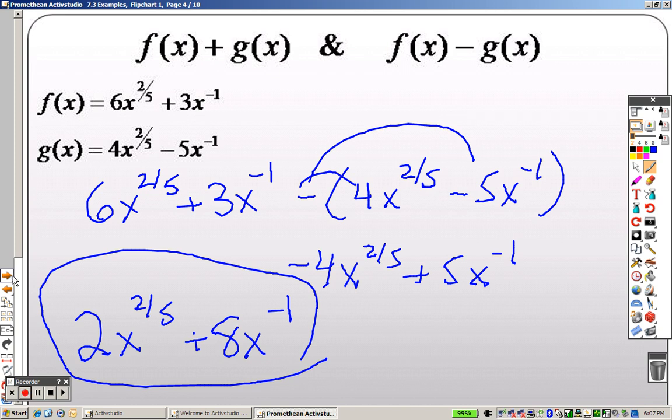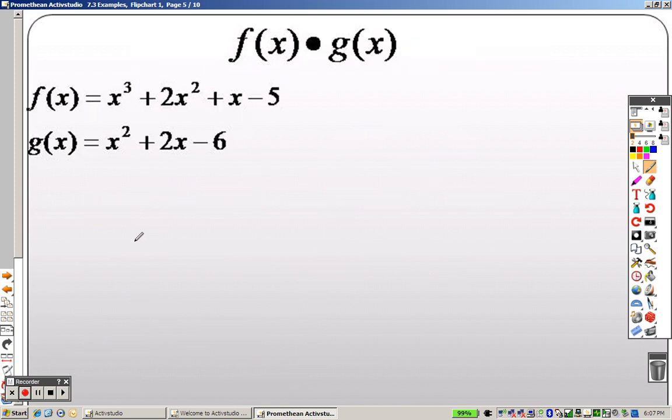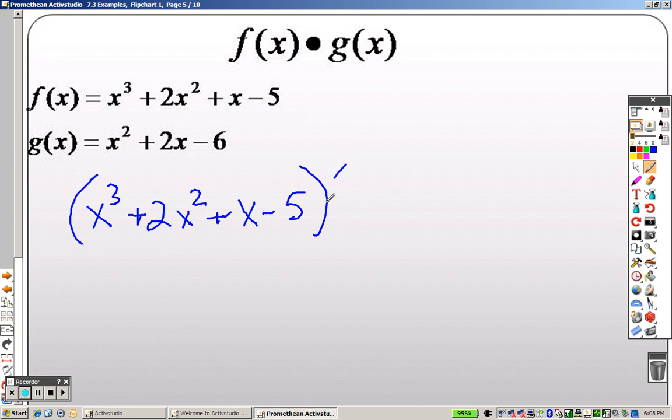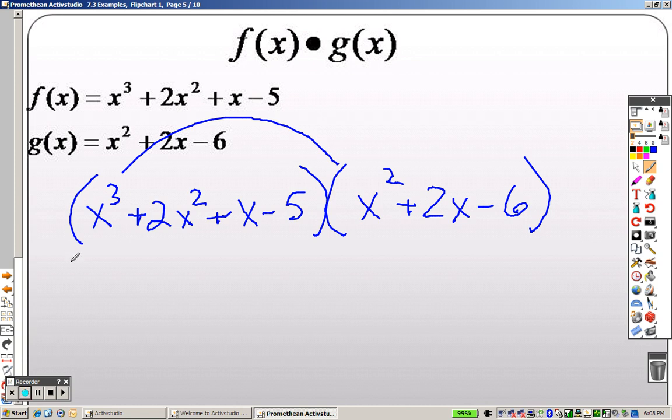Multiplying now. This is why we spent that time in 6.3 doing this. This is actually basically just a review of 6.3, adding, subtracting, and multiplying polynomials is really all this is. There's f of x, and there's g of x, right? So all that this really is a long, long means of foiling. X cubed times x squared is x to the fifth.